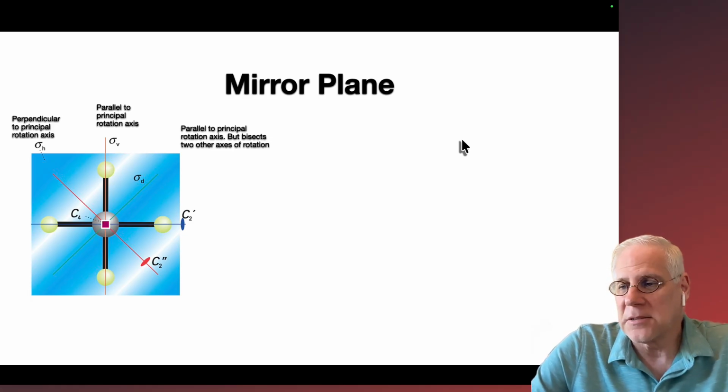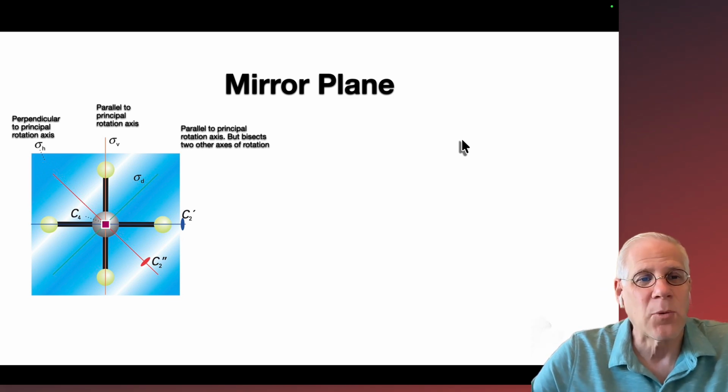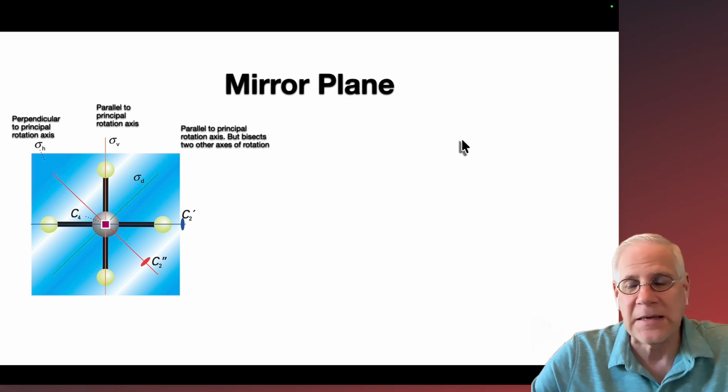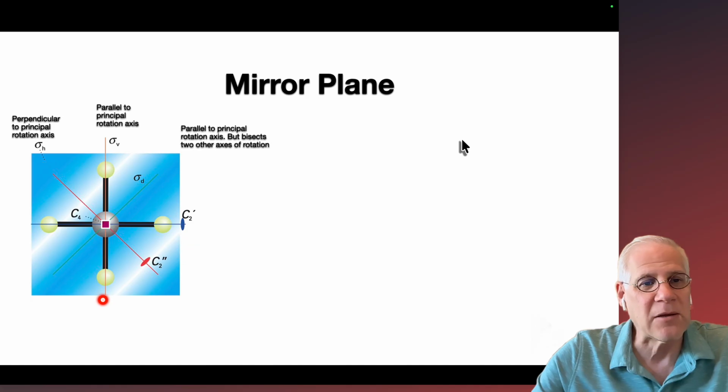Okay, and we have several different mirror planes here. We have a sigma V mirror plane, which is right here. So this is a mirror plane that's sticking out of the plane of your screen and going through these two molecules.